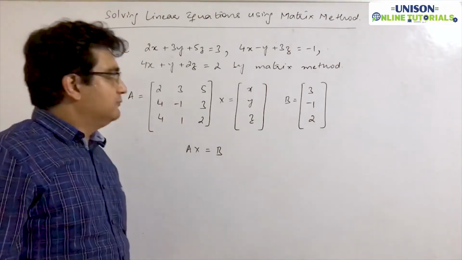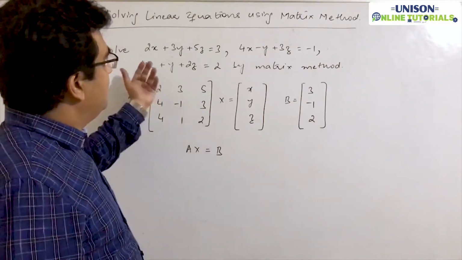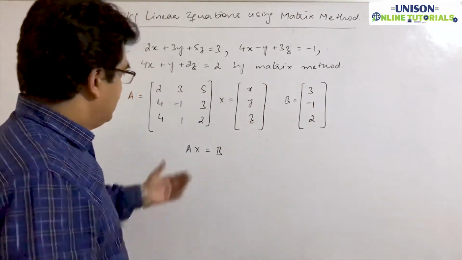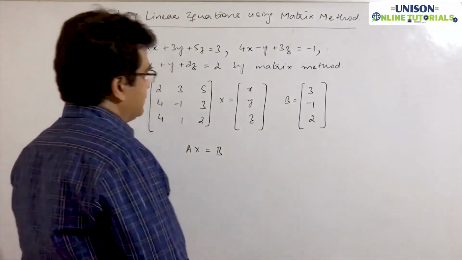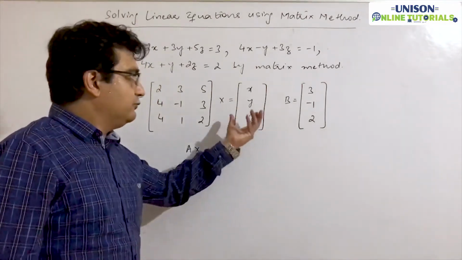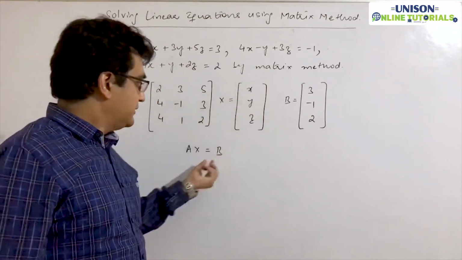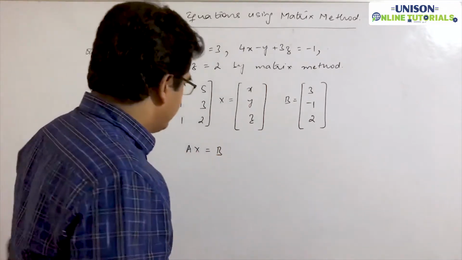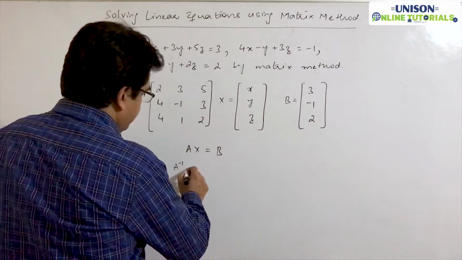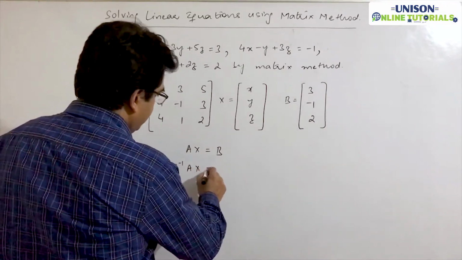Now what do we need to find? We need to find the values of x, y, z. So how do we calculate the values of x, y, z? That means we need the matrix X, the capital X here. So what do I do? I multiply both sides with A inverse.